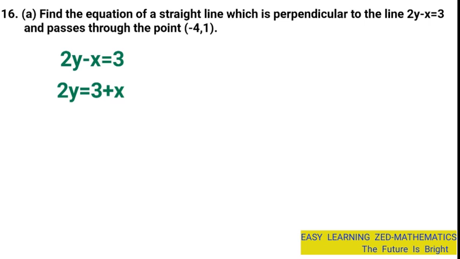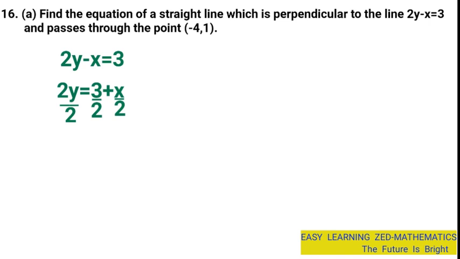Now the next thing I'm going to do is divide every term by 2 so that I just remain with y on that side. So I divide this side by 2 and this side by 2 and here by 2. Every term in this expression is divided by 2 because I want to remain with y only.